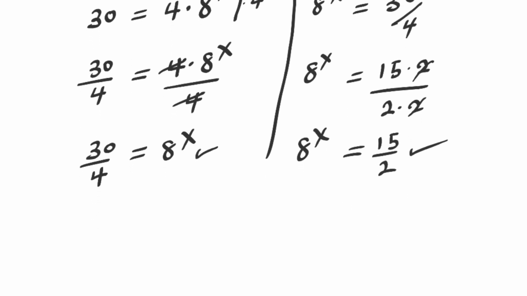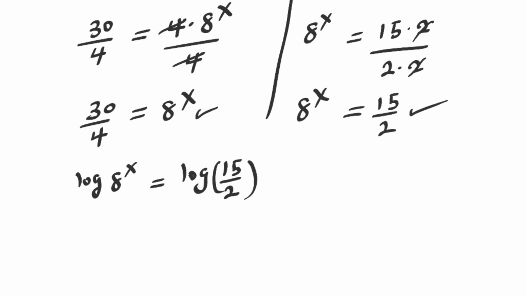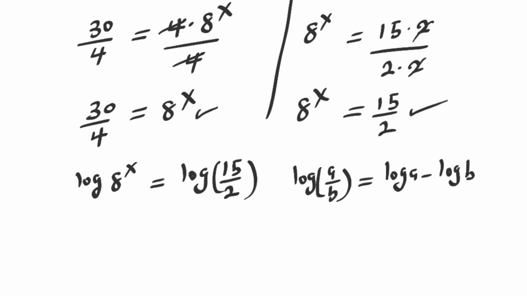We have log 8 raised to power x is equal to log 15 over 2. Take note of this, that if you have log a over b, this is equal to log a minus log b.